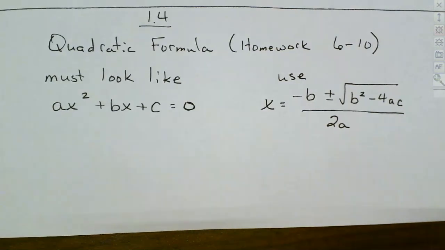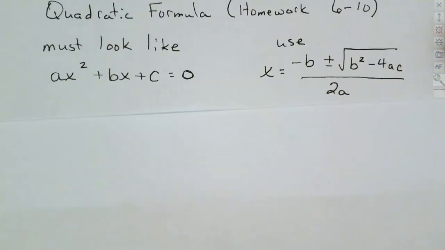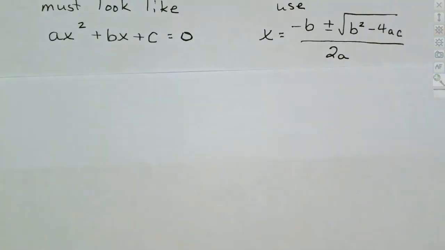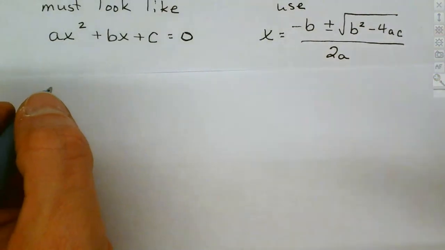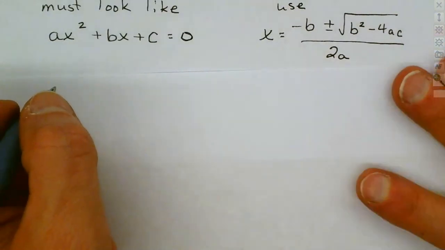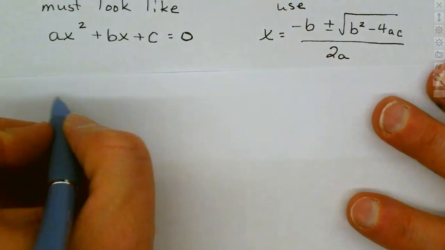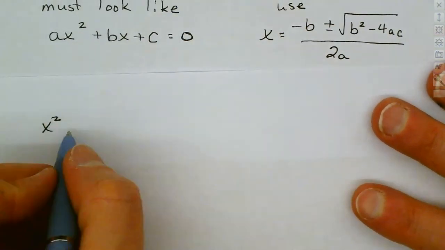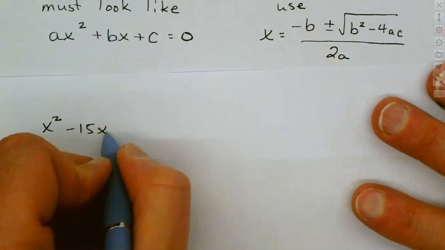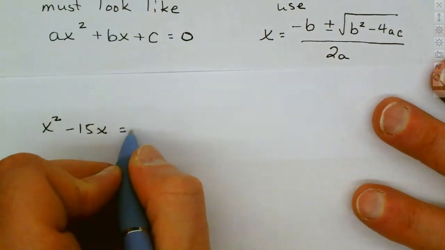So we're going to use this to solve things that we couldn't solve before. If you remember a little bit ago, I did make a mistake when I wrote it up with the 0 factor. And I'm going to show you how to solve this because I gave this to you earlier and we couldn't solve it. So earlier, I gave you this, x squared minus 15x equals minus 8.